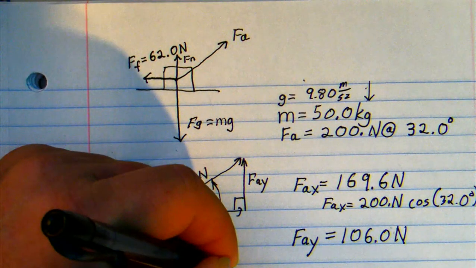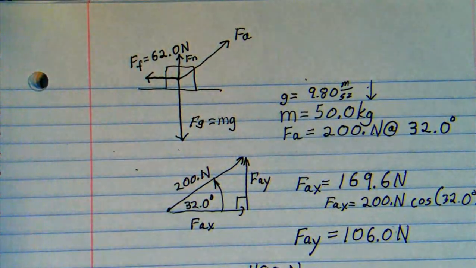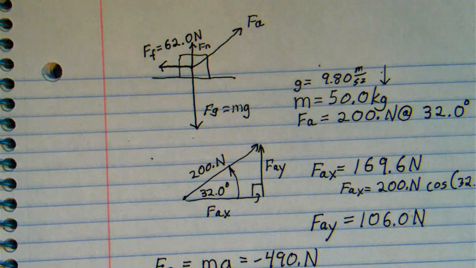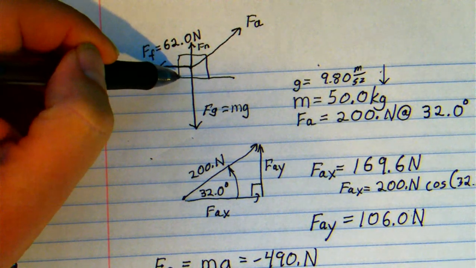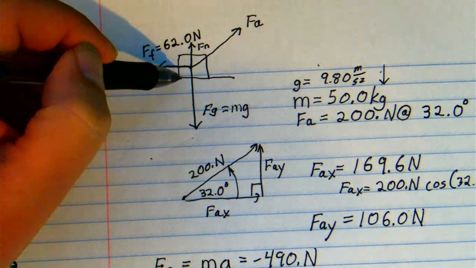Okay, so 490 newtons. Now, children, does the box leave the ground? You shake your head for yes or no. Okay, you students who are responding, you're shaking your head for no.